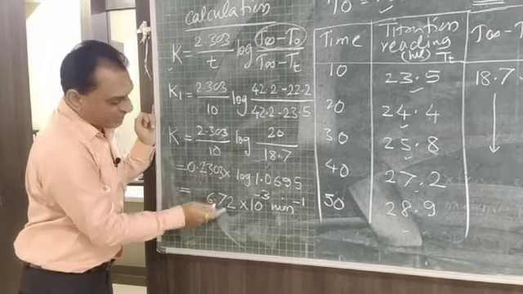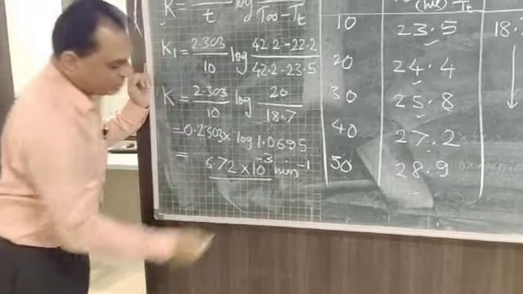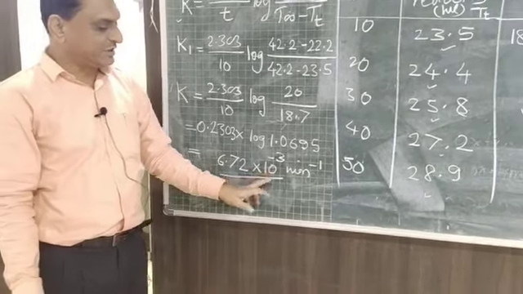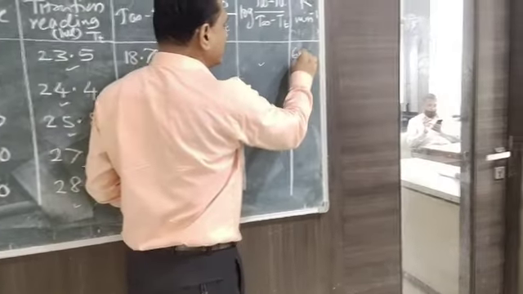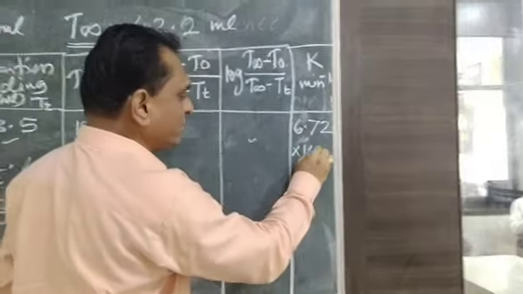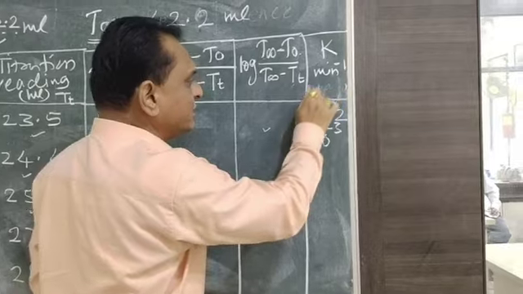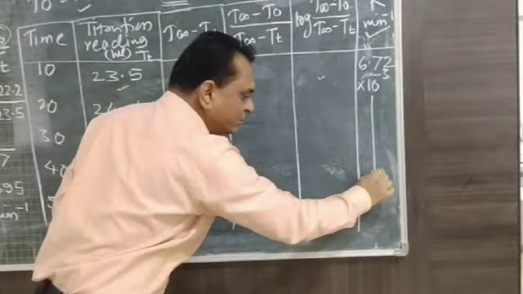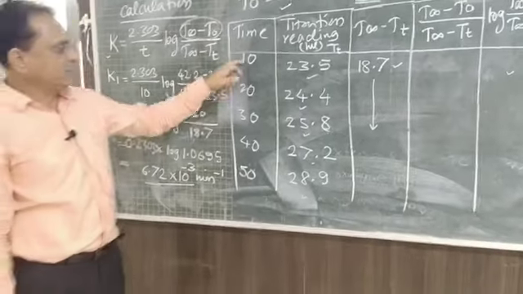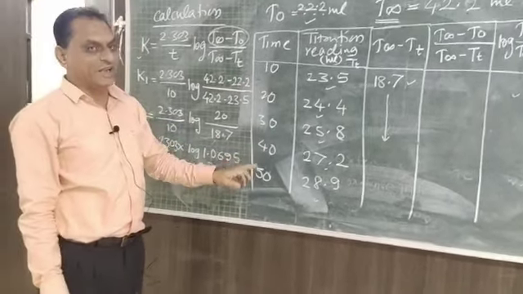You can go for the calculation and the K value comes to be 6.72 into 10 raised to minus 3. This K value is represented here. The unit is minute inverse. In this way we have to calculate the 5 K values for the time intervals 10, 20, 30, 40 and 50.